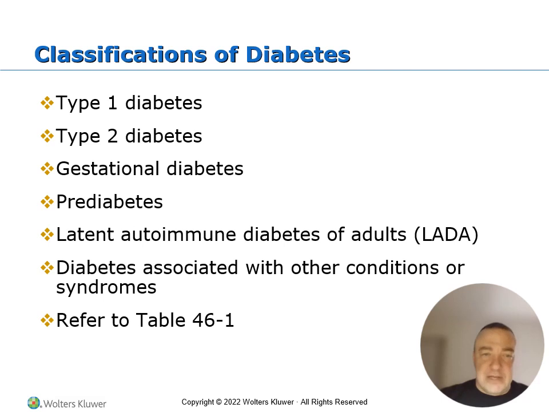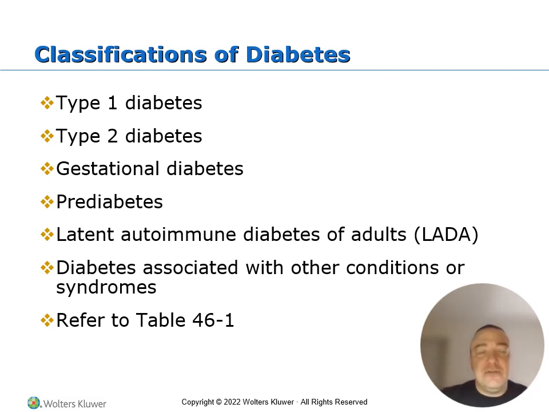Okay, so let's talk about the types. We have type 1 diabetes, also referred to as juvenile diabetes. It is an autoimmune effect on the body. Okay, the body eating the beta cells within the pancreas and decreasing the amount of insulin that can be produced. These are going to be your insulin dependent diabetics.